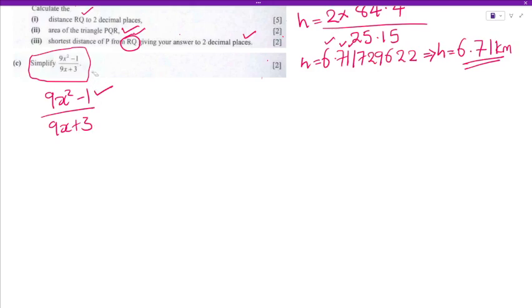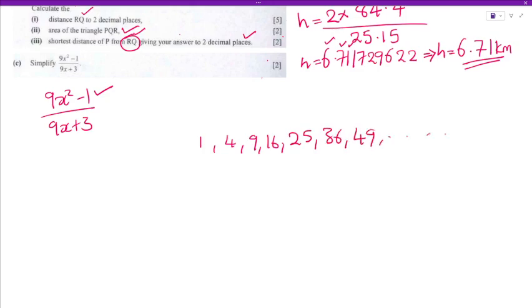You remember from the lesson we had on the difference of two squares? I did give you examples of perfect squares, which are 1, 4, 9, 16, 25, 36, 49, and the list goes on.